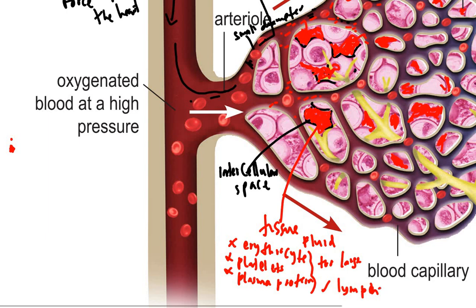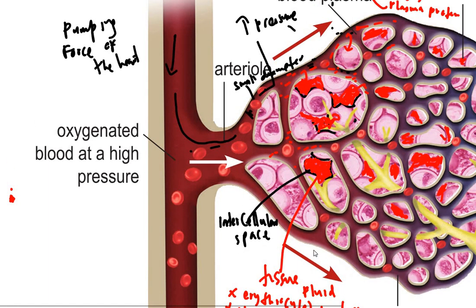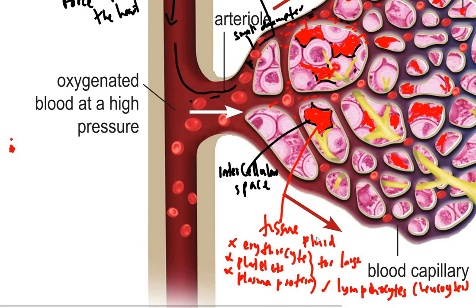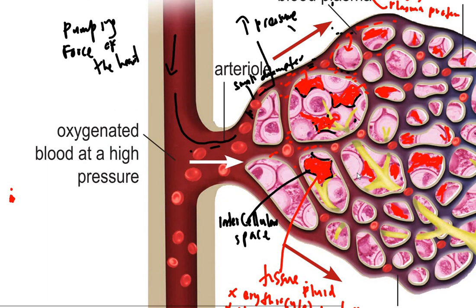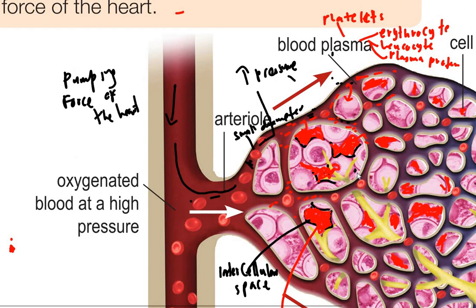You still remember what is lymphocyte? Lymphocyte is a type of leukocyte, a type of white blood cell, because lymphocyte can change shape and it can diffuse from the blood capillary to the intercellular space. So tissue fluid will have lymphocyte, but erythrocyte, platelets, and plasma protein, no. So this is the difference between the tissue fluid and the blood plasma, although the tissue fluid actually comes from the blood plasma.